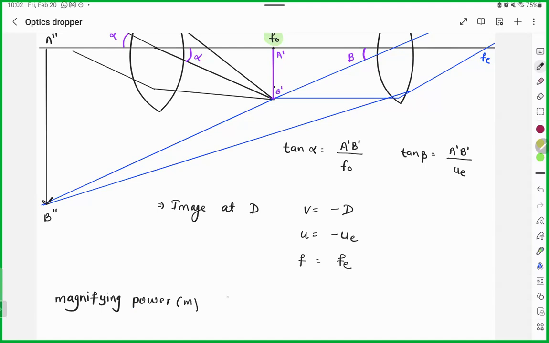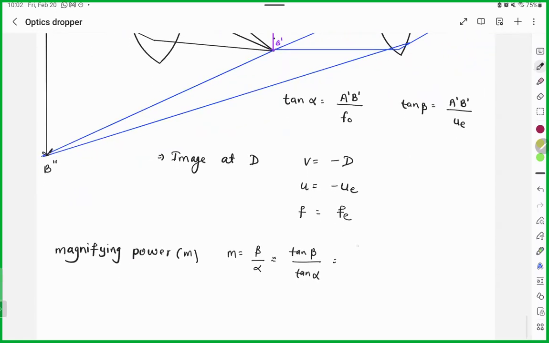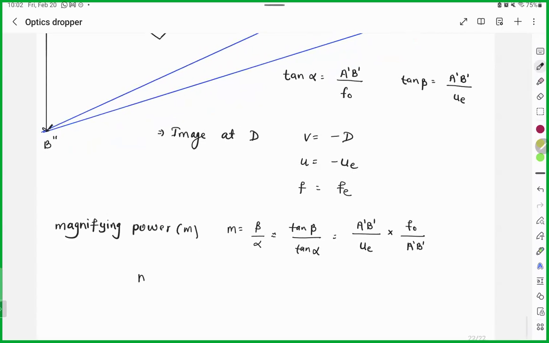So M is equal to beta by alpha, approximately equal to tan beta by tan alpha, equal to what is your tan beta? A dash B dash by UE, tan alpha A dash B dash by F. A dash B dash cancel out with each other. So your final magnification will be equal to focal length by UE. Done.